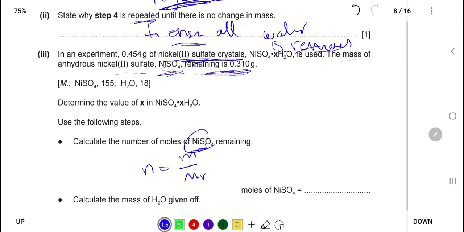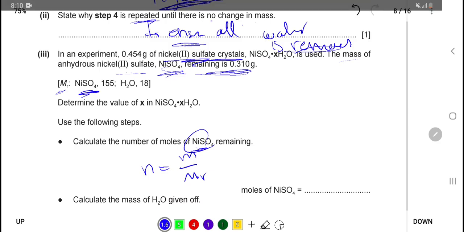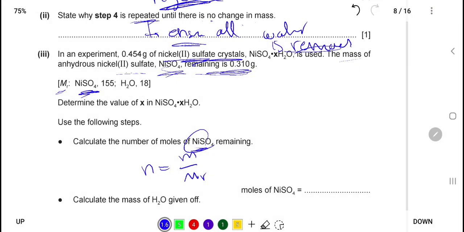So they gave you this mass, and they gave you its Mr. So I'm going to substitute it now. The mass is 0.310, divided by Mr, which is what they gave you, 155, and your answer is going to be 0.002.